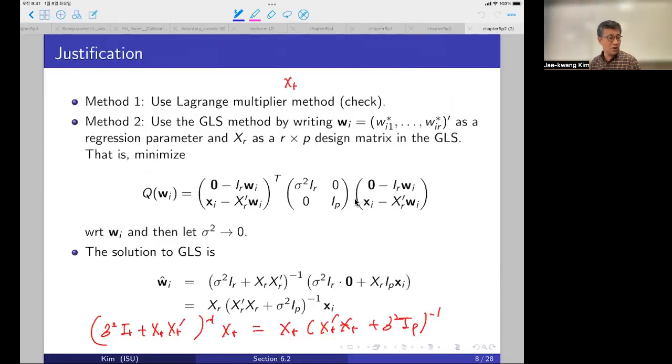So method 1 is just to use the Lagrange multiplier method, right?